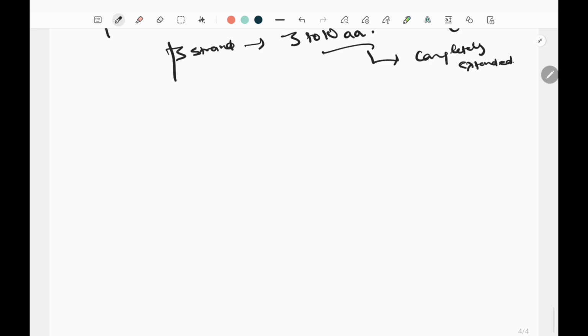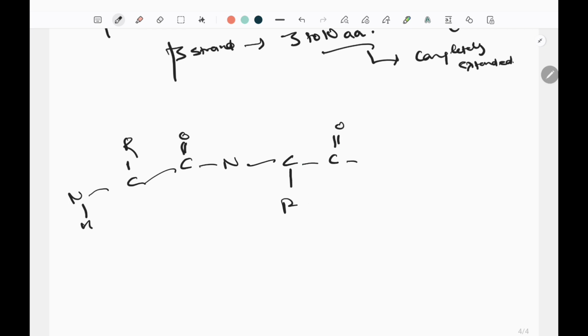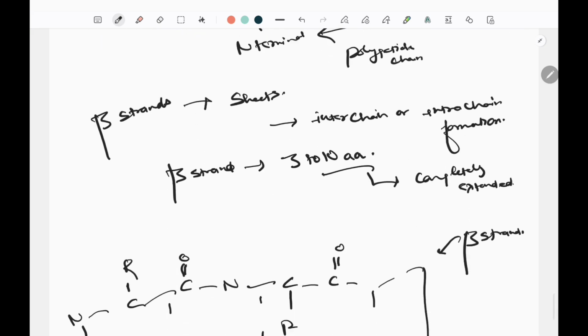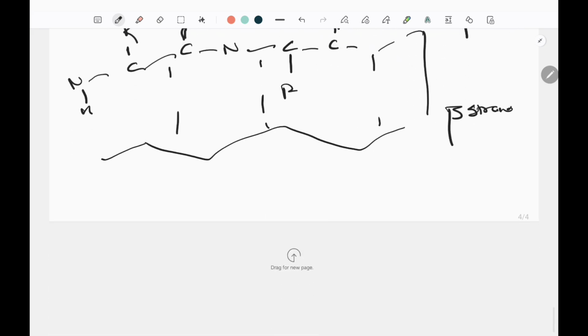So just suppose you have a primary structure, right? It is the same primary structure, an HCR group, and CR group here, then again COO. This sort of structure is your beta strand. When it attaches with another beta strand, they create the beta sheet, and in between there is again hydrogen bonding happening.